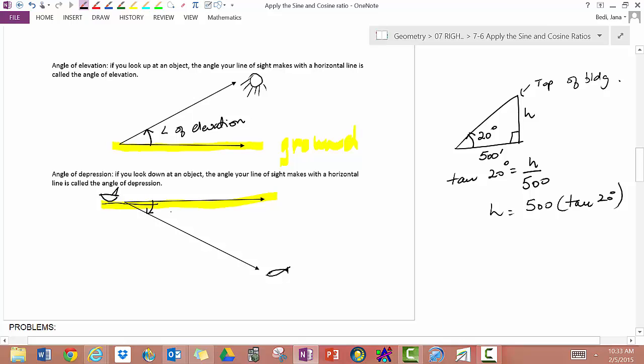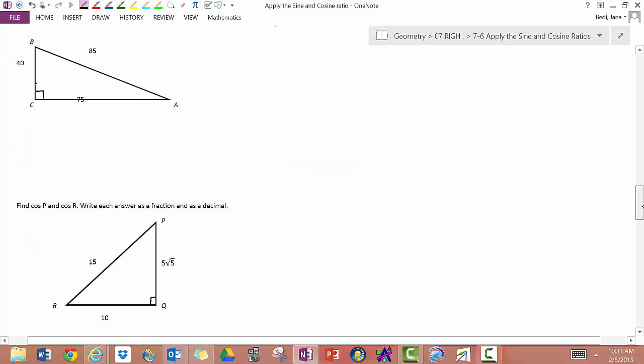Once again, your angle is made with the horizontal. So this is the angle of depression. If you knew this angle and you knew this distance, you would be able to find this using trig functions. Anyway, you're going to see some examples below.